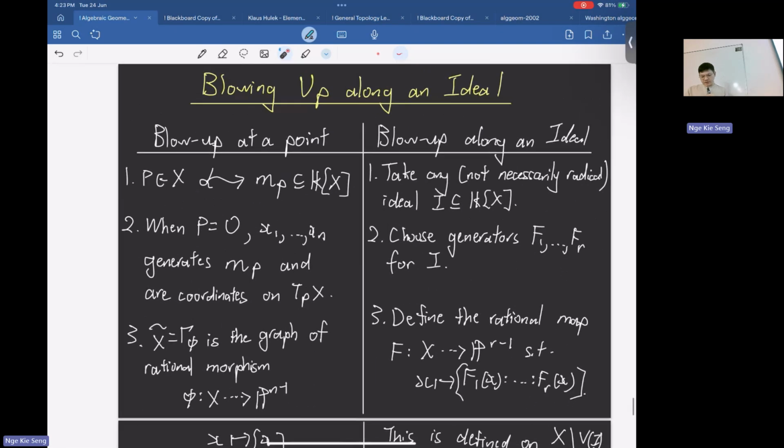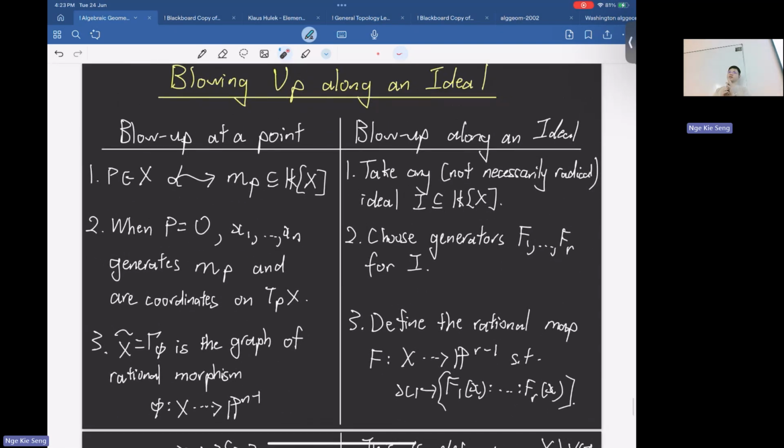And then yesterday we mentioned blowing up along an ideal. We are inspired by how we blow up along a point. If we want to blow up along a few points, how do we do it? So we try to make an analogy here. When we do points, what are we actually doing? You take a point and look at which line the point lives in.